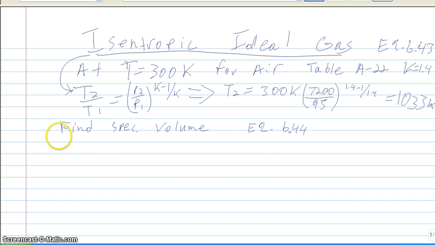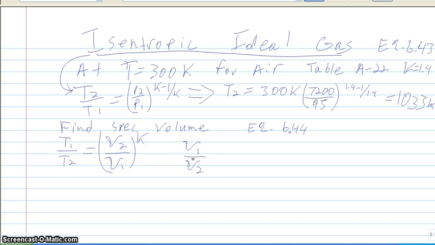T1 over T2 equals the specific volume V2 over V1 to the power of k minus 1.